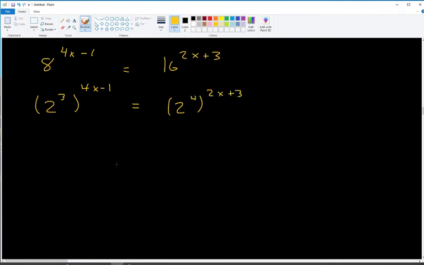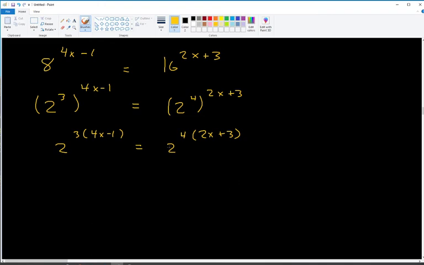And we said power to a power multiplies. So this is 2 to the 3 times 4x minus 1. And this is going to be 2 to the 4 times 2x plus 3.